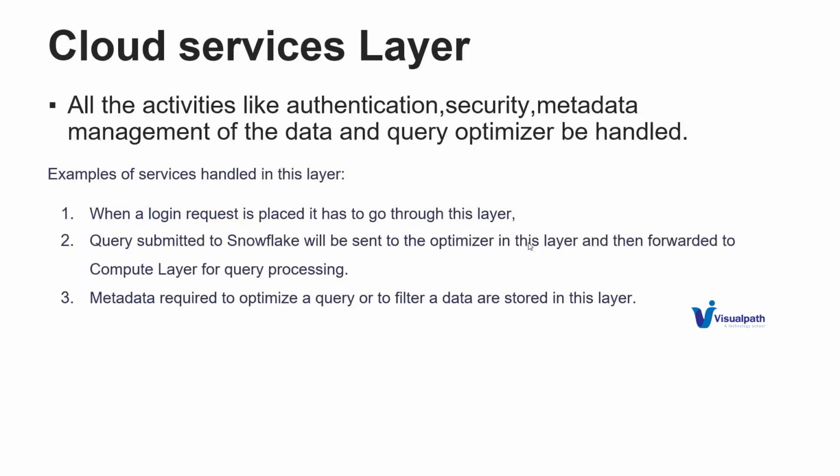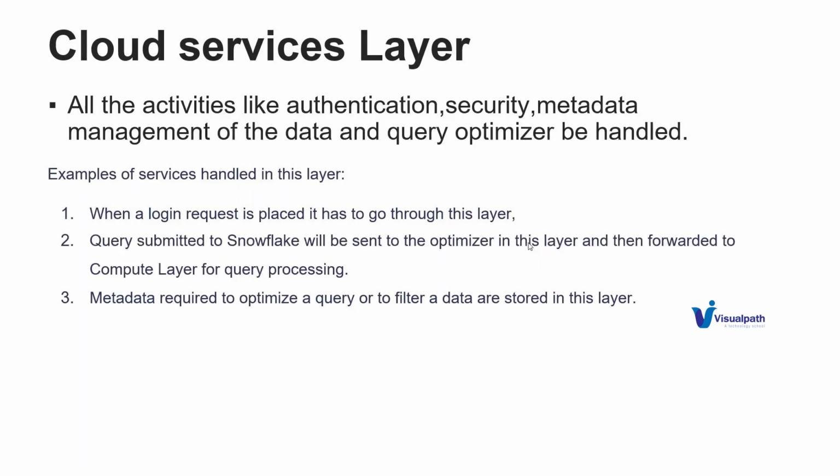Now the compute layer, the query processing layer, will allot some compute resources. With the help of compute resources, it will travel to the database storage layer, and from the database storage layer it will pick whatever data is required. Again, it will travel via the compute layer to the cloud services layer, and once the data is available in the cloud services layer, it will be visible to us on the screen.